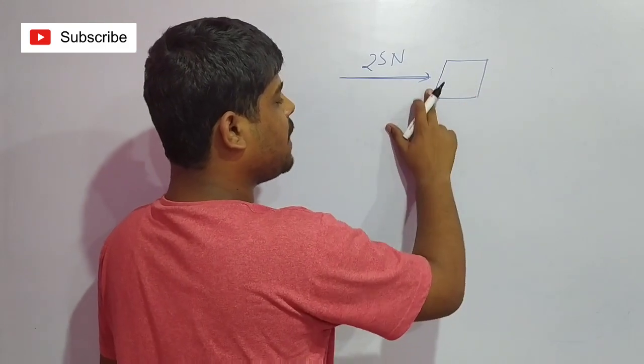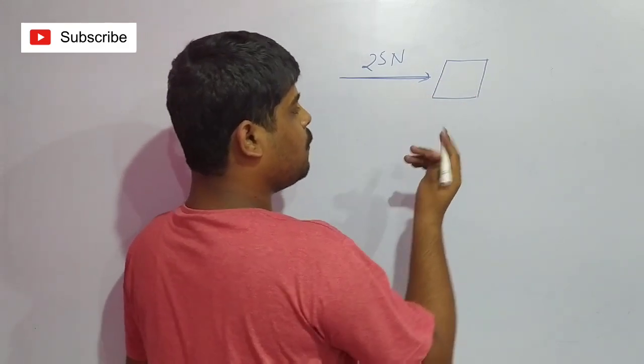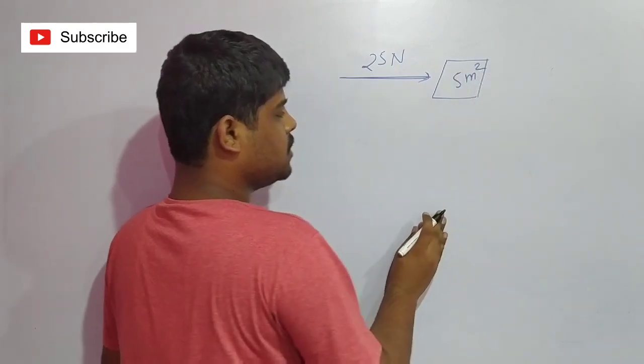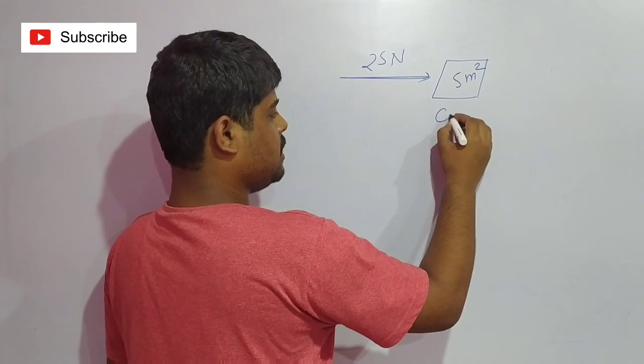If I apply 25 Newton force on an area of 5 meter square, calculate the pressure.